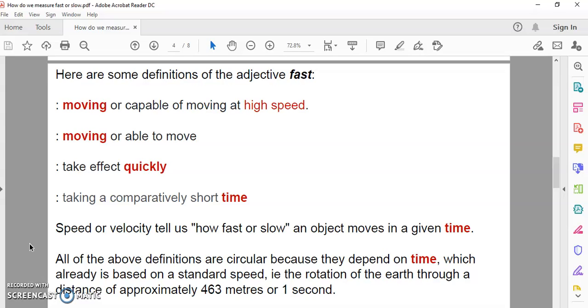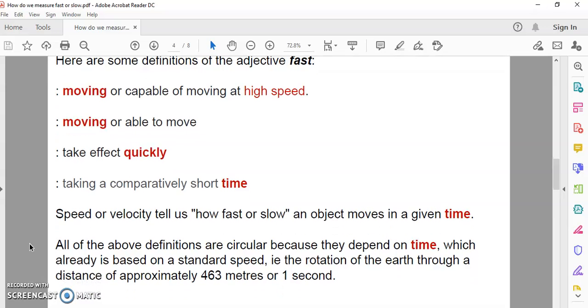on a standard speed. The rotation of the Earth through a distance of approximately 463 meters, or what we call 1 second. We call that distance of 463 meters by 1 second because we compare a distance to get our units of time with the distance of 463 meters approximately.